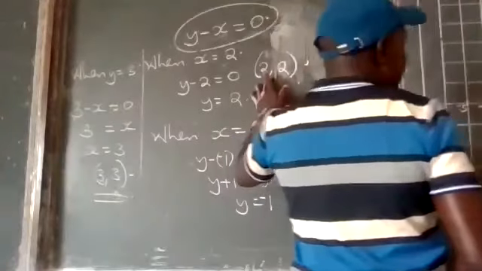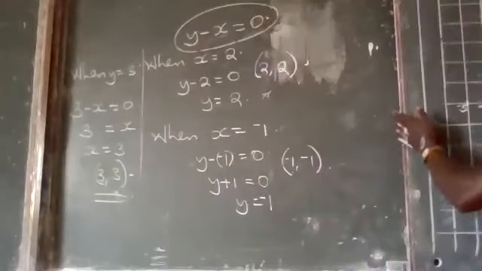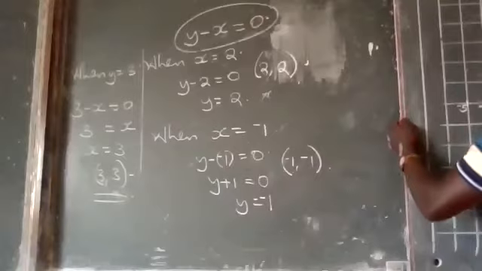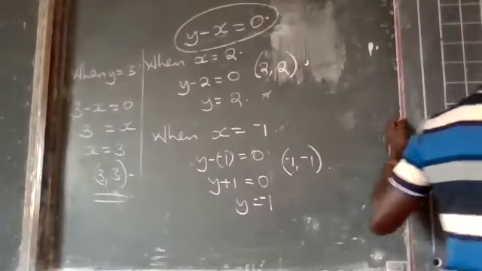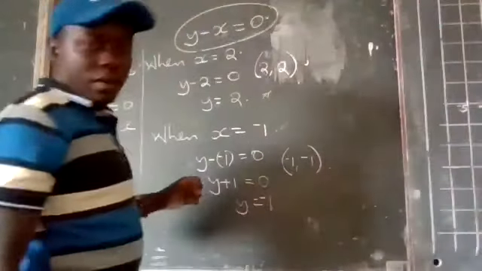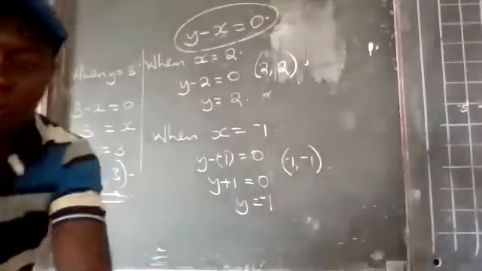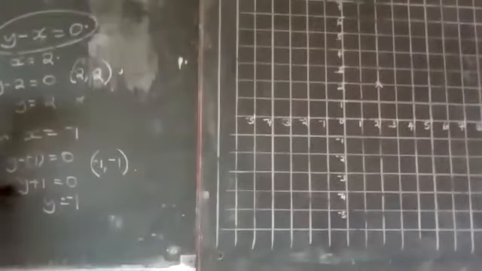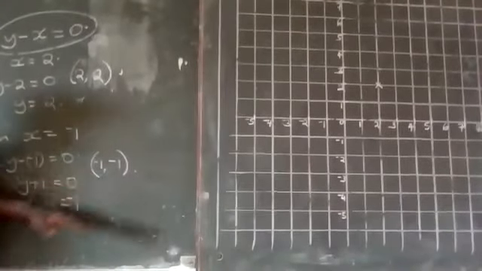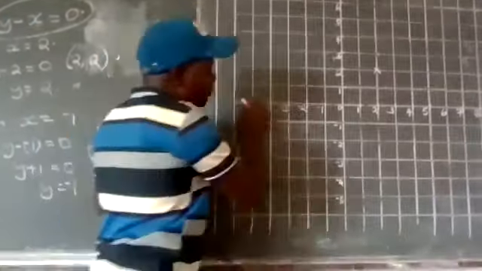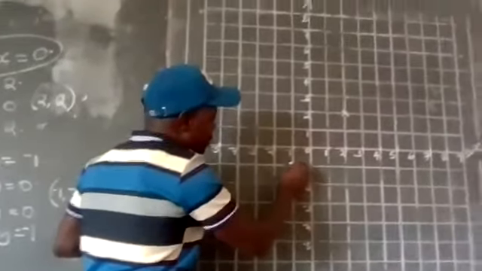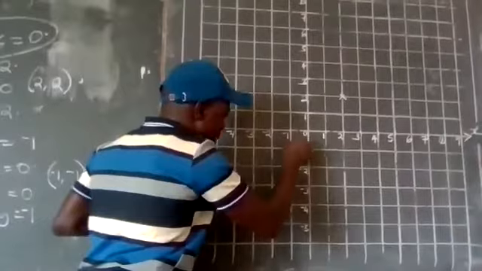The first point is 2, 2. 2 on the x-axis, 2 on the y-axis. So the point is there. That is the 2, 2. Mr. Sally, are we on? Okay. The second point is -1, -1. -1 on the x-axis, -1 on the y-axis. So the point is here.